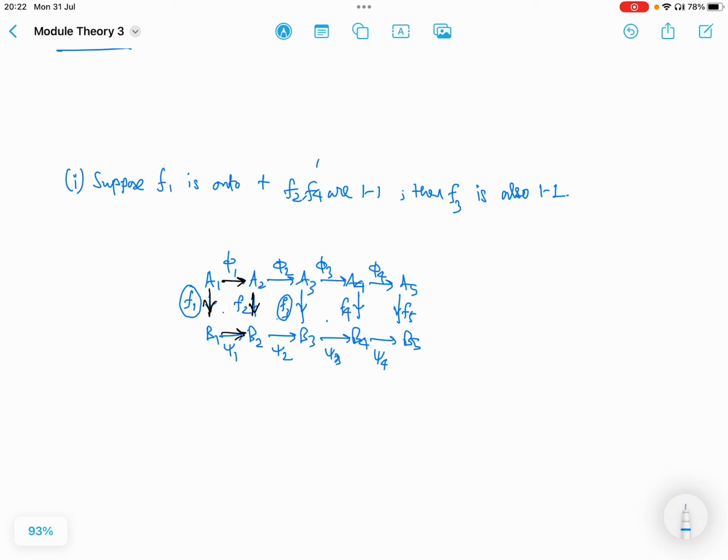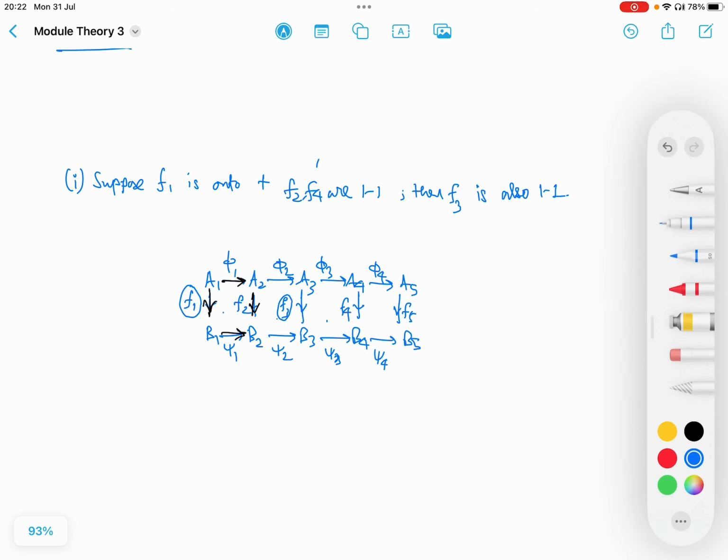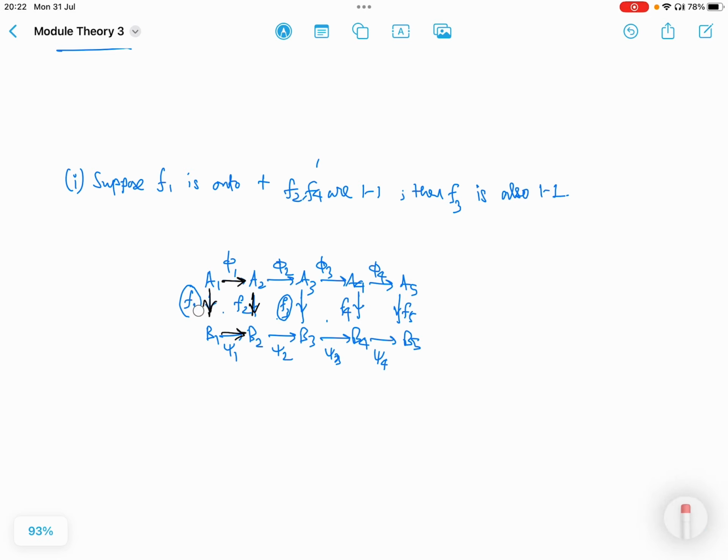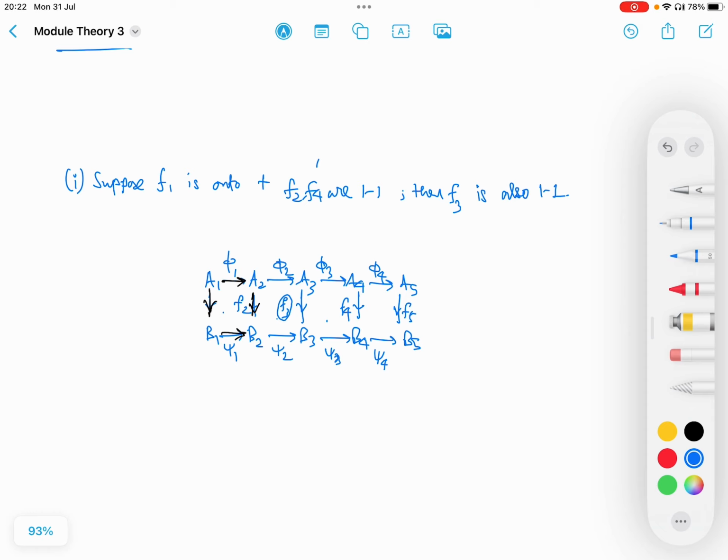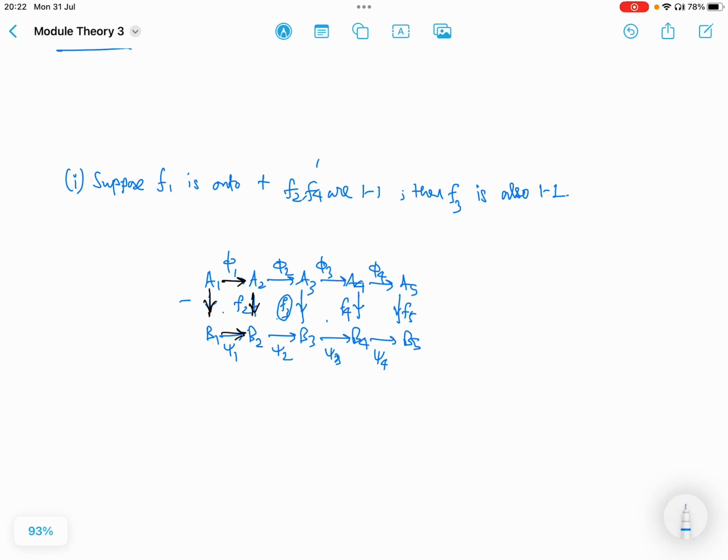That is equivalent to showing that the kernel of this map is just the zero element. So let's see. So let us pick an arbitrary element x from the kernel of F3. Now there is only one way to go, because if you apply F3 you will go to 0, so that will not give you anything more.